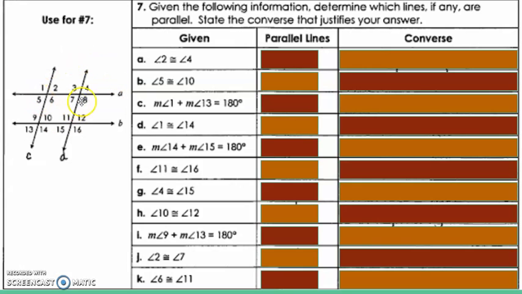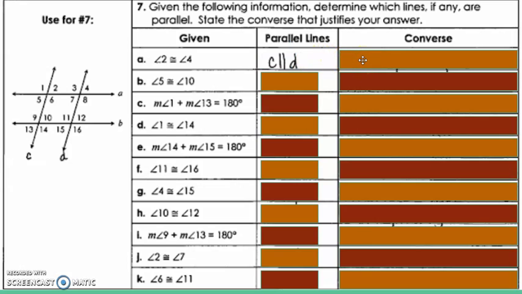When we look at angle 2 and angle 4, the lines that would be parallel in this case are line C and line D. In this case, A is our transversal that's cutting through our parallel lines.